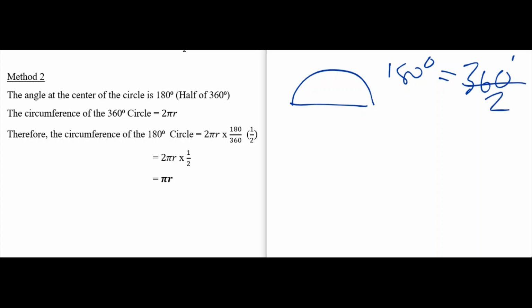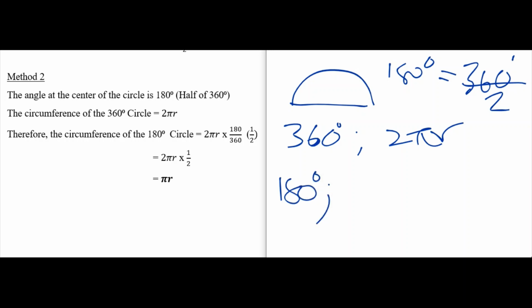Then we know that for a 360 degree circle, we use the equation 2 pi r to find the perimeter. In the same way, in order to find the circumference or the arc length of a 180 degree circle, we multiply 2 pi r by 180 over 360.